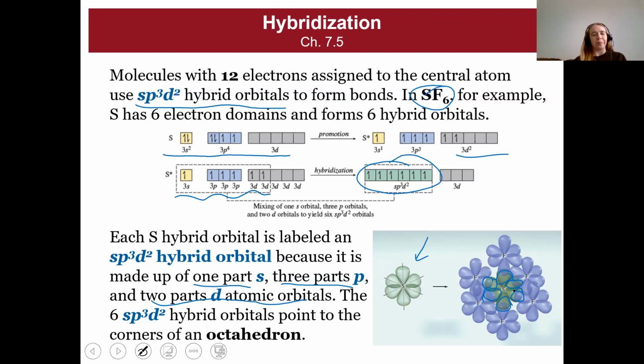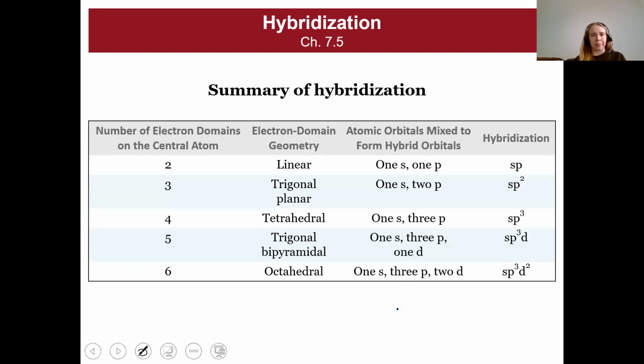So we have this octahedral set of sulfur hybrid orbitals overlapping with the fluorine p orbitals to form this octahedral molecule. It looks a little funny, but that is how the bonding works and the hybridization of sulfur atoms.